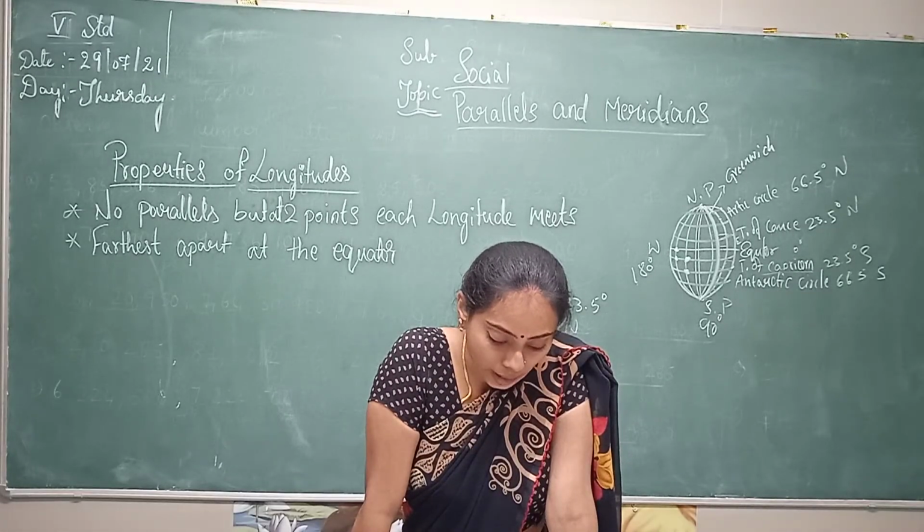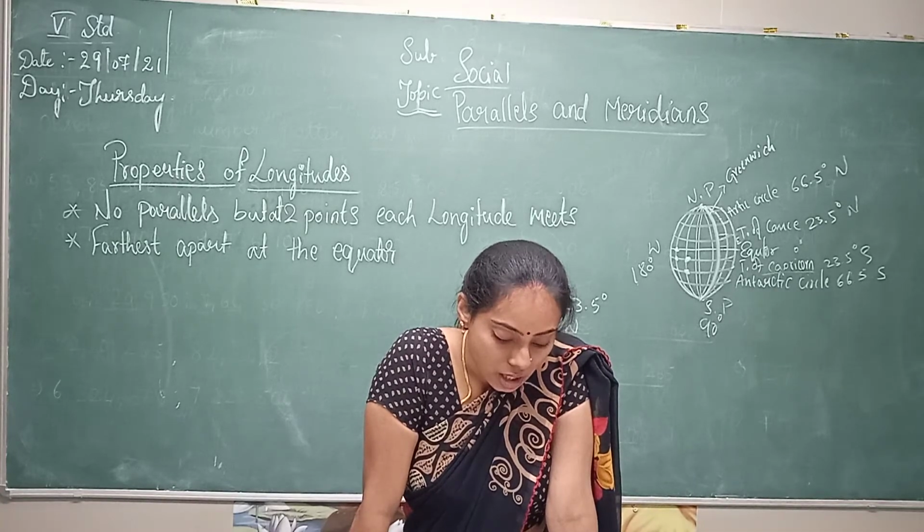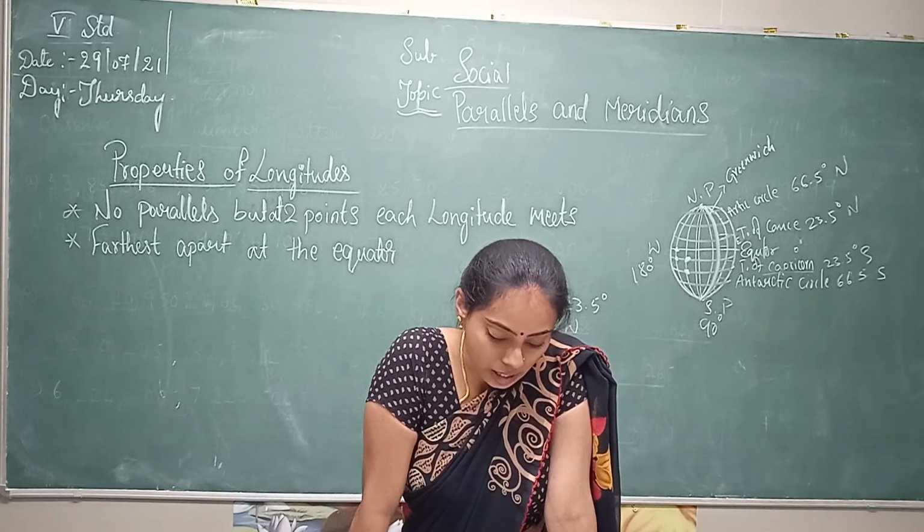The parallel of that latitude and the meridian of that longitude cross each other at the location of that place.